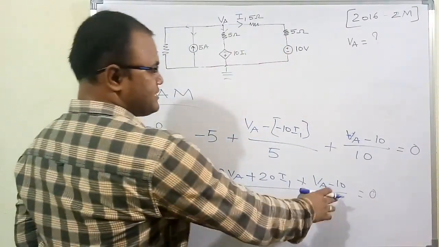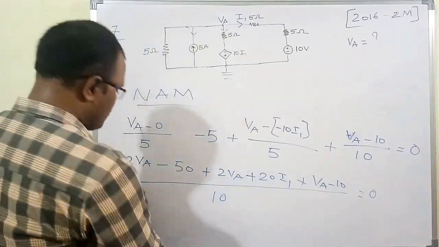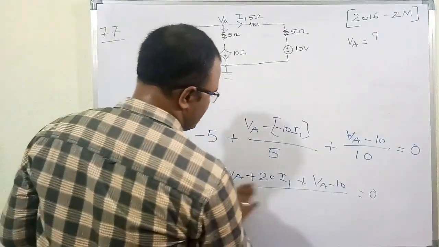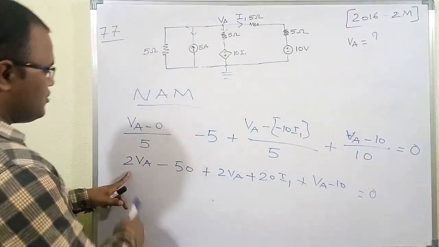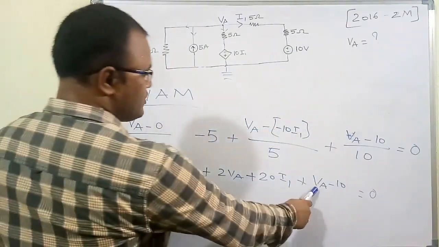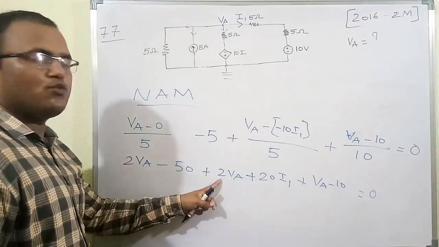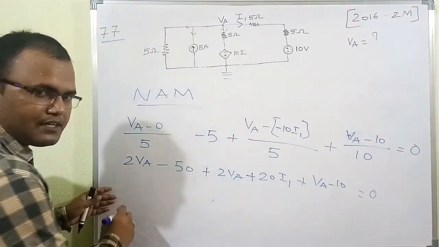If it goes to the right side, it will become 0 again. So now I have to write this LCM. I am going to rub it here itself so that I can easily do the calculation. 2Va and 2Va and Va, so 2Va plus 2Va is 4Va, plus Va, 5Va.